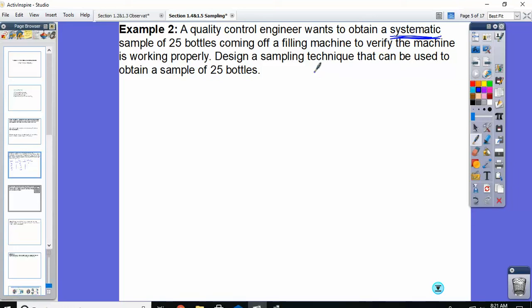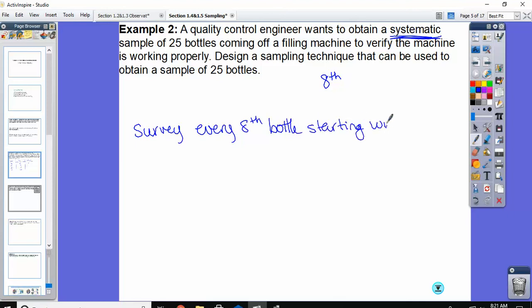In other words, depending on how many you want, if you wanted a lot, you should pick like every 3 or 4. Let's say I said I wanted every 8th bottle. So I might survey every 8th bottle. You don't just have to start at 1 and then get your 8th one from there. It's kind of like the seed.